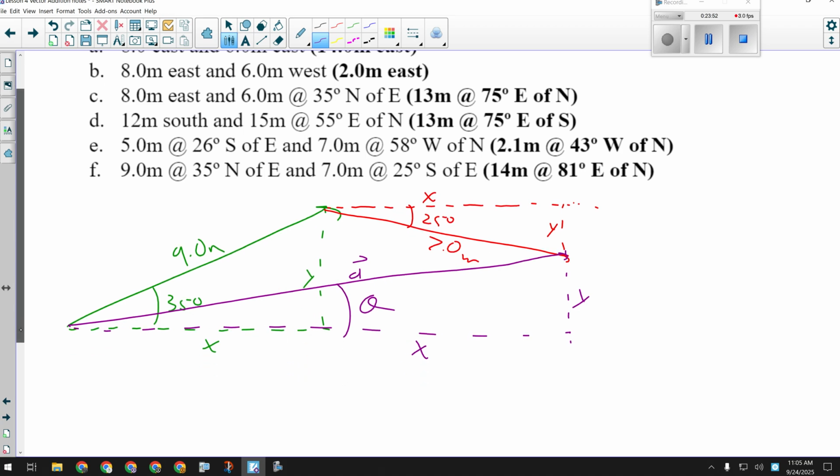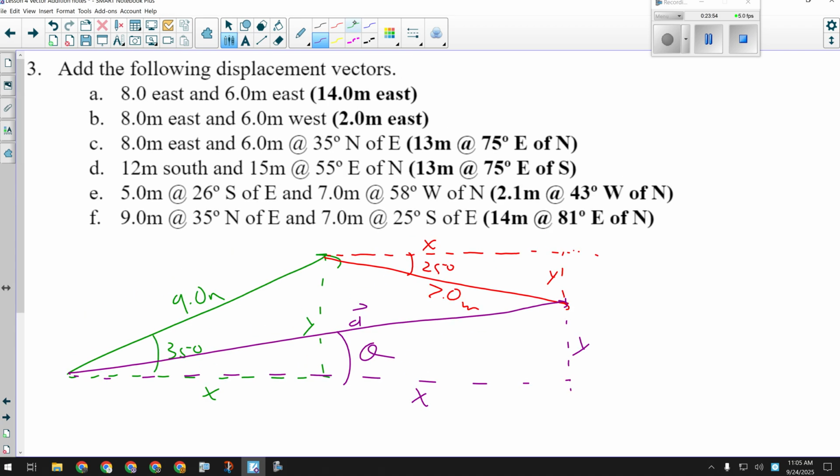Then we got to find all of our X's and Y's. Okay, so for the green triangle, X will be the cos of 35, and the hypotenuse of the green triangle is 9. Y will be the sine of 35, and the hypotenuse is 9.